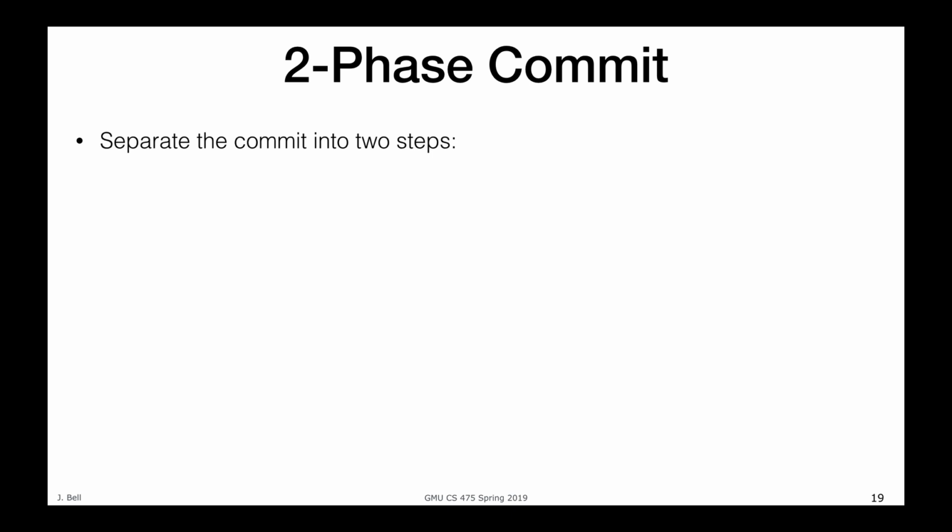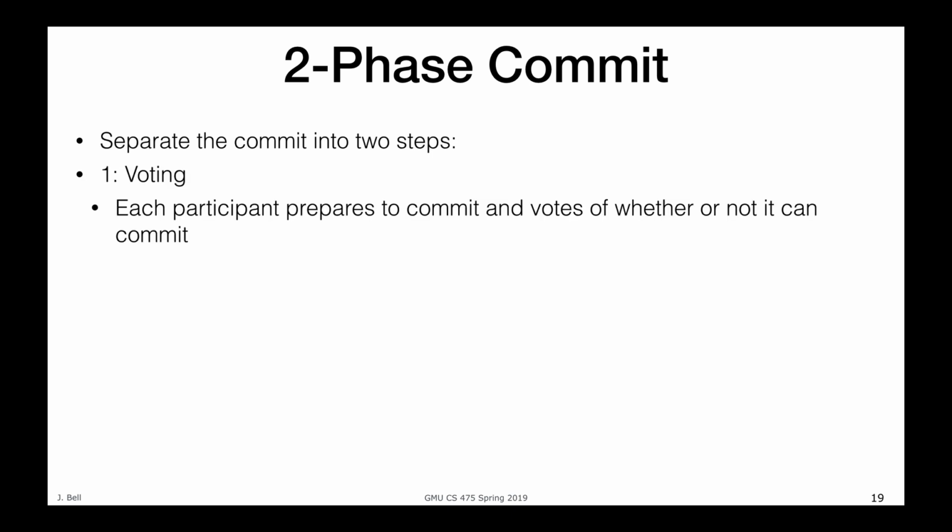We're going to separate this committing into two steps. In the first step, which is voting, each participant is going to prepare to do their commit and vote saying whether they will or will not be able to commit. They're not going to actually do the commit. They're just going to prepare all of the resources that they need, get the locks that they need, and check data to make sure that it's valid. Will I be able to commit?